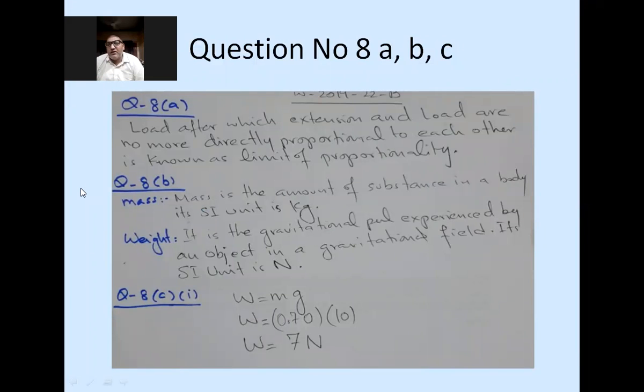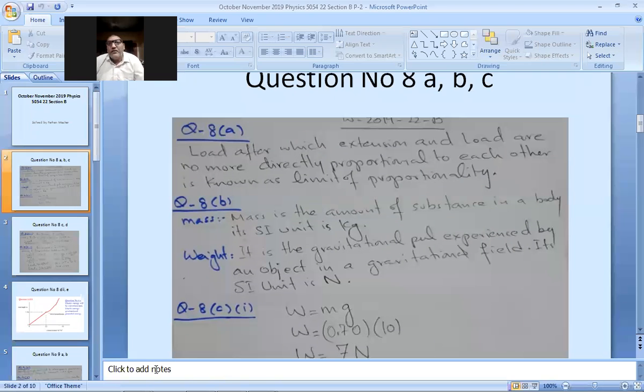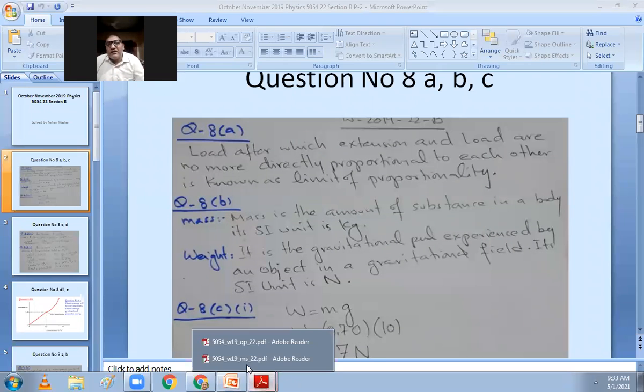Let me show you my answer. Here we have: the load after which extension and load are no more directly proportional to each other is known as the limit of proportionality. This is the other definition. So let's move to the marking scheme.